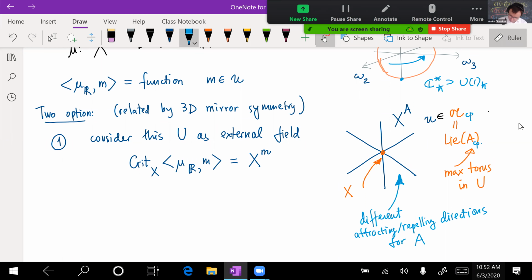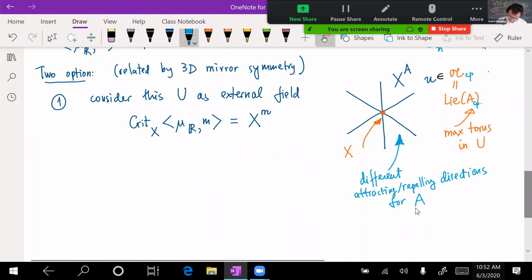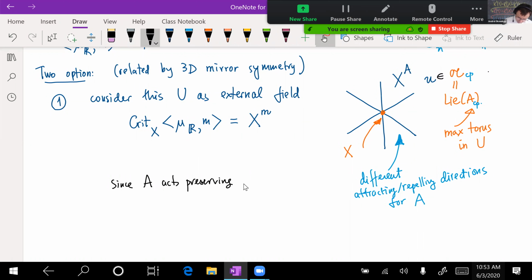Since, I remind you, this torus acts, maybe I'll put it here. Since A acts preserving, in particular, the holomorphic symplectic form, attracting and repelling directions are always paired.